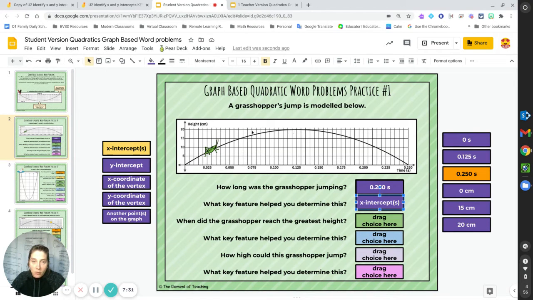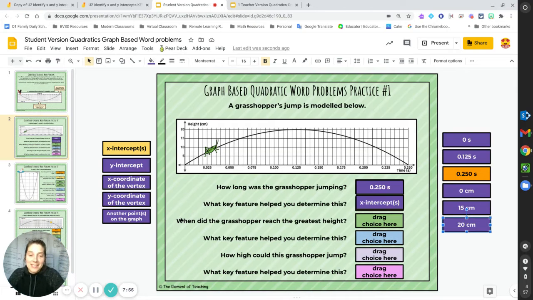And if I go over this way, this is the actual height. And you can see that the y-axis is labeled with height in centimeters. So 20 centimeters is the greatest height. I can look over here for 20 centimeters and drag that over. Hopefully it is green underneath. It is not. What did I do wrong?